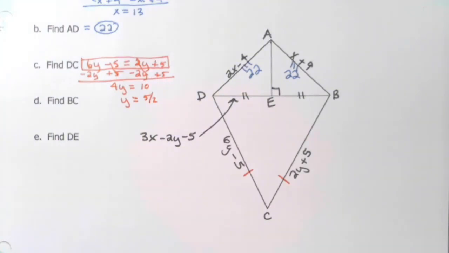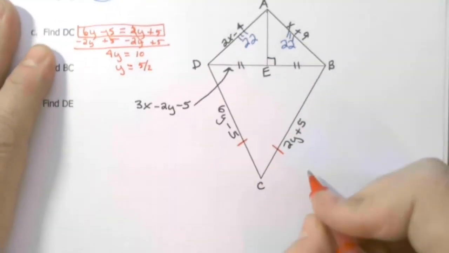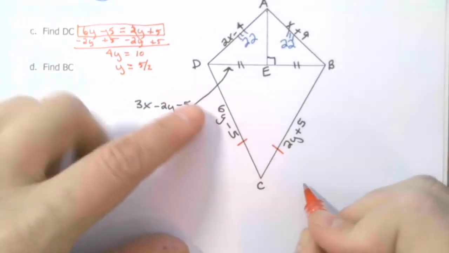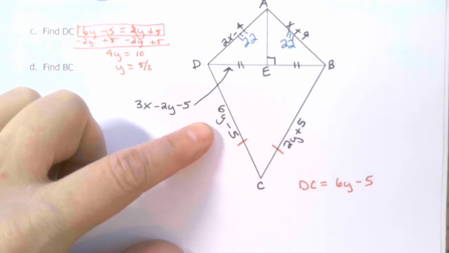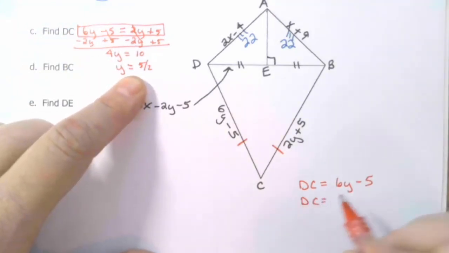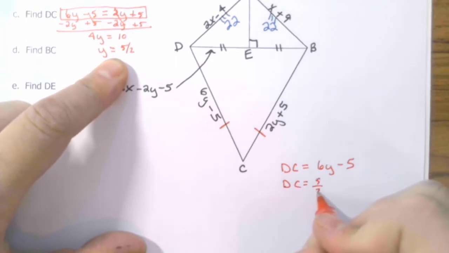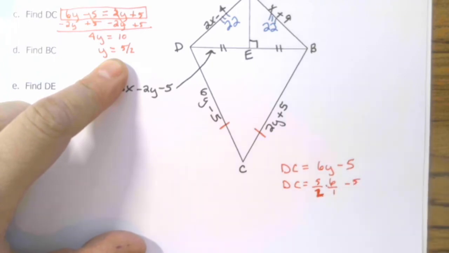Okay, so my mission here is to find DC. So I'm going to come down here and finish my problem. D to C is 6y minus 5. I just found y to be 5/2. So DC equals 5/2 times 6 over 1, or 6 times 5/2, minus 5. You can do this two different ways. 6 times 5 is 30.